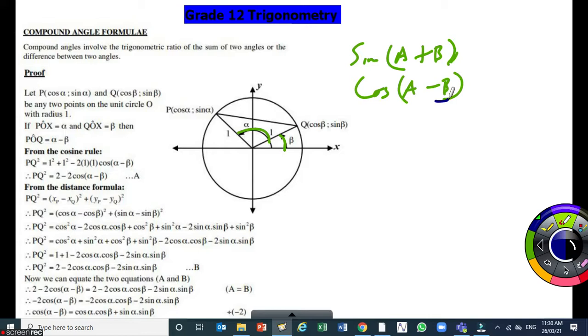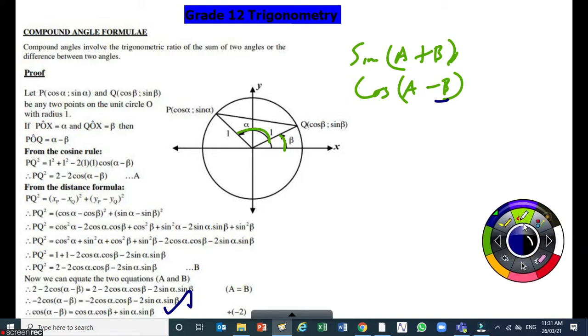Now, the derivation, I'm not going to go over it, but I'll start from the result. You can go over this as part of the investigation. So we'll start from here. Cos(alpha minus beta) is equal to cos alpha times cos beta plus sine alpha times sine beta. I'm just going to rewrite it here, because very soon I'm going to derive the other 3 from it.